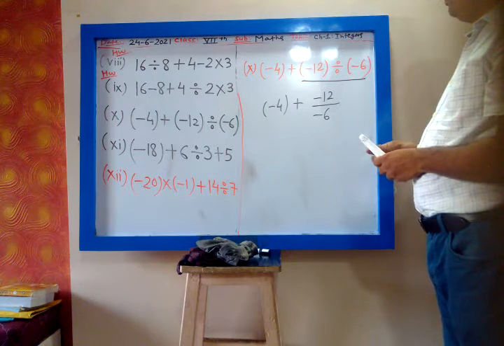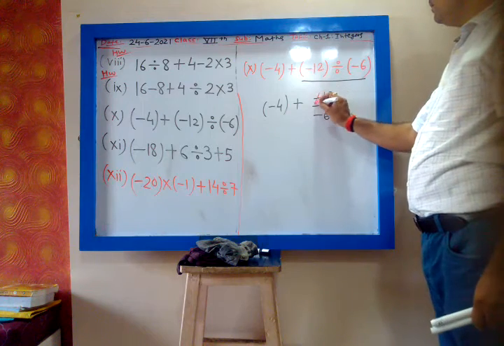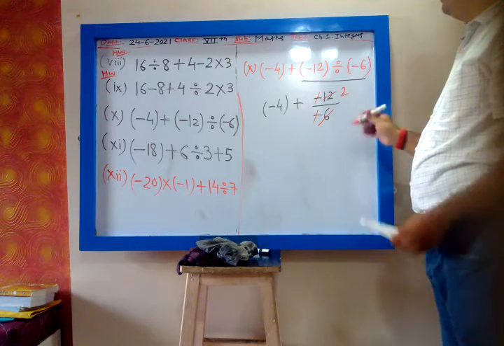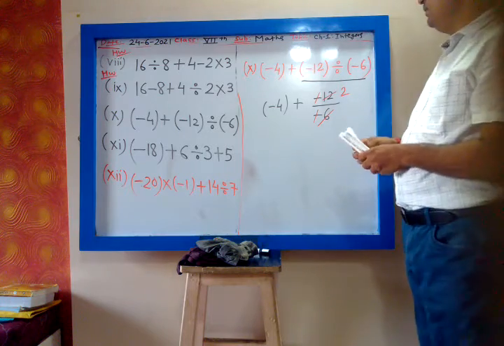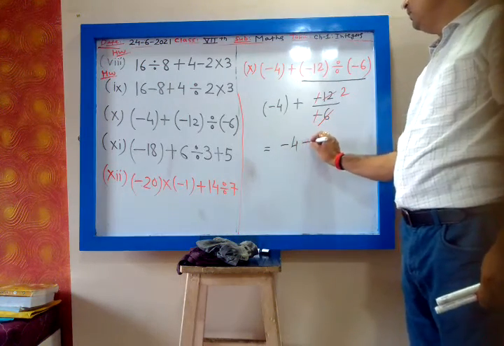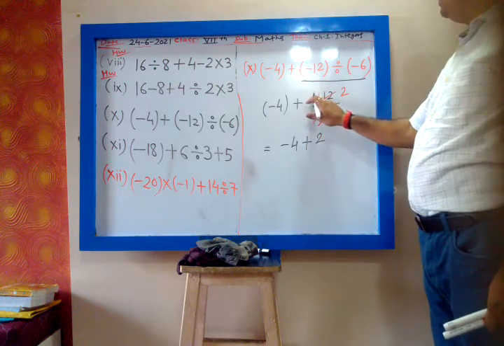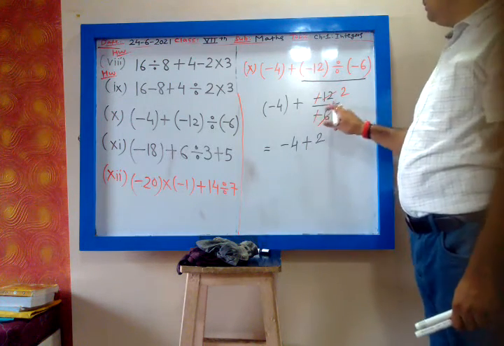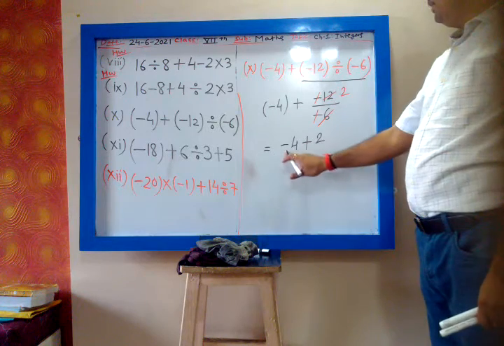Then this minus sign gets cancelled. And you can cancel, 6 2s are 12. So what is left? Left is minus 4 plus 2. Minus upon minus will be plus. So minus 4 plus 2.